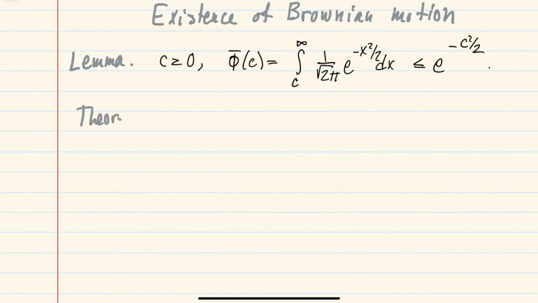This construction will show that the Brownian motion exists. Now, it will be enough to restrict ourselves to the interval [0, 1].